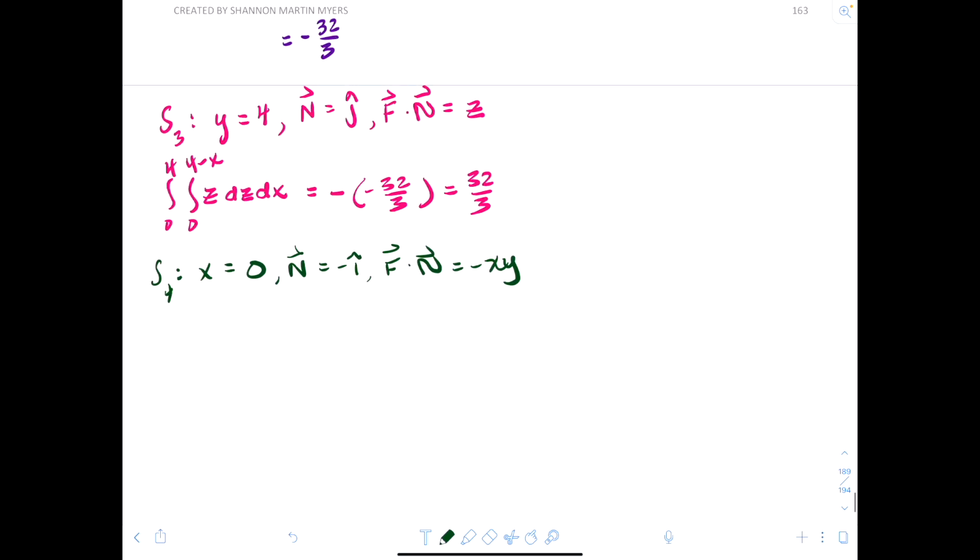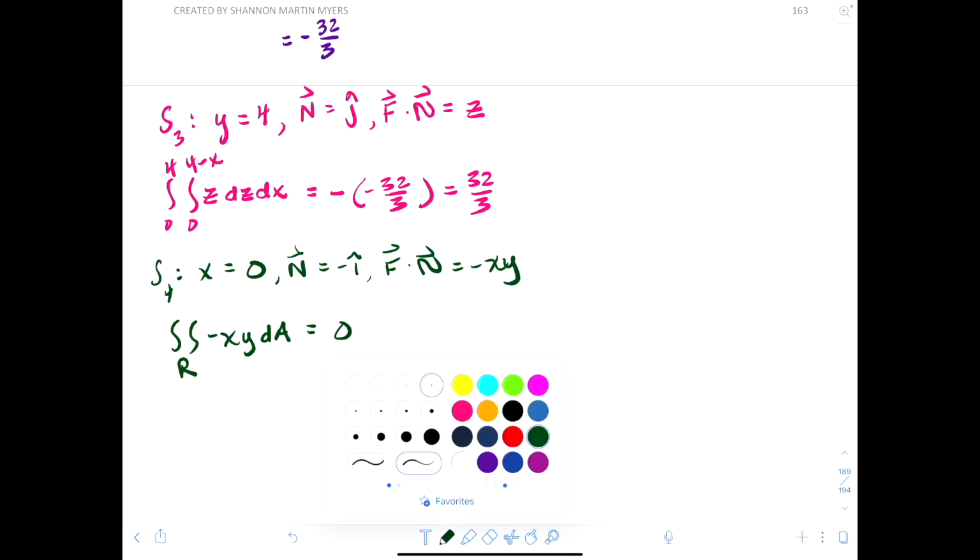So we will have the integral over our region of negative x times y dA, but x is equal to 0, isn't it? So wouldn't that just be 0? So that was easy.